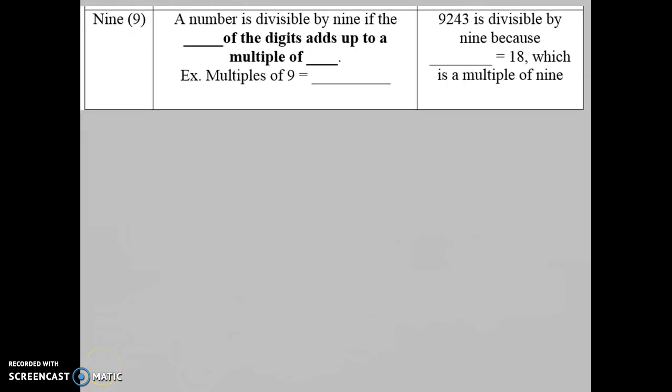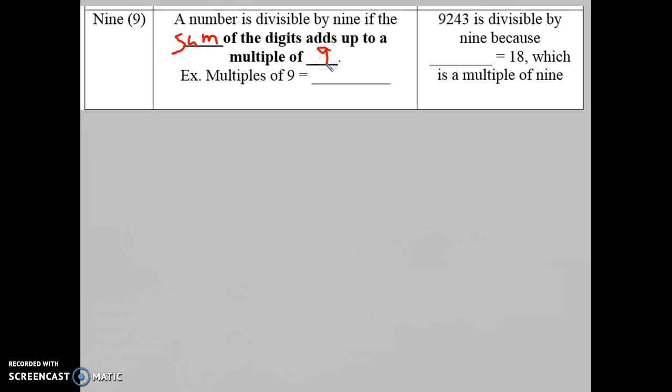The divisibility rule for 9 is very similar to 3. You're going to add up all of the digits and see if your answer is a multiple of 9. If it is, then it's divisible by 9. So a number is divisible by 9 if the sum, meaning you add up your digits, adds up to a multiple of 9.